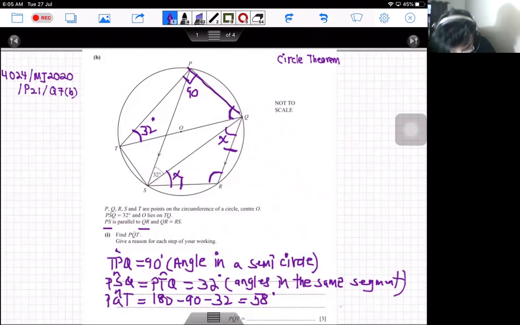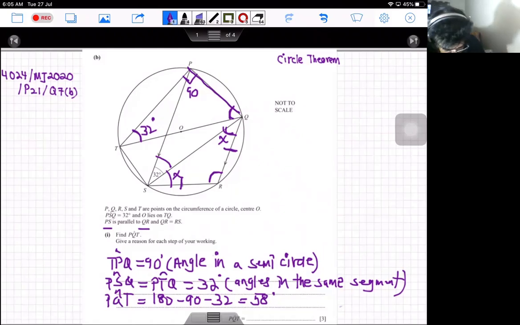Since you know this angle PSQ is 32 degrees, angle SQR, which we have supposed as X, the unknown angle, is also equal to 32 degrees, and the reason is alternate angles are equal.